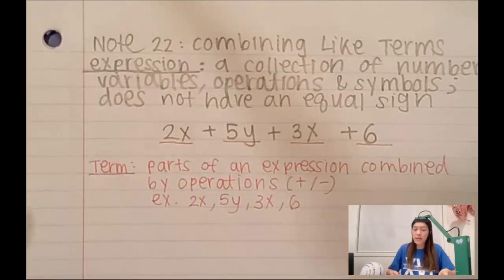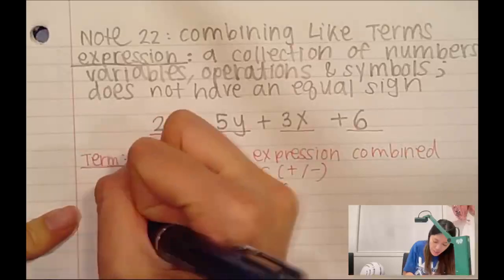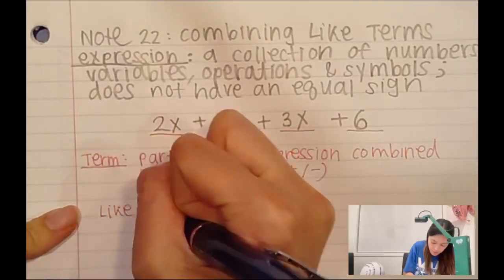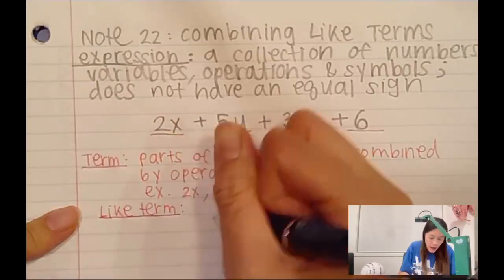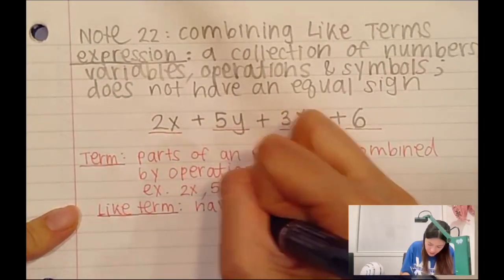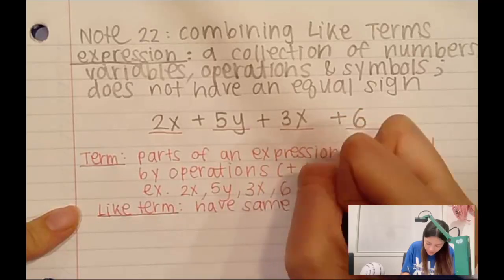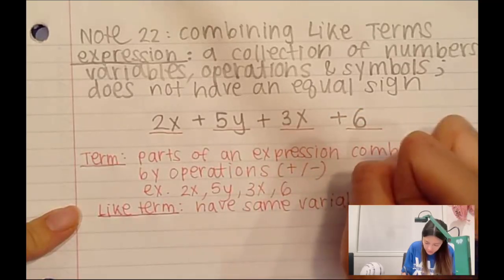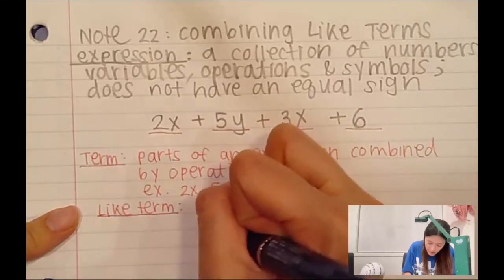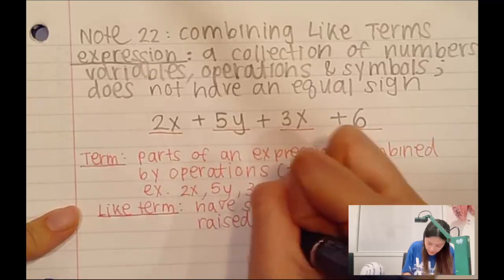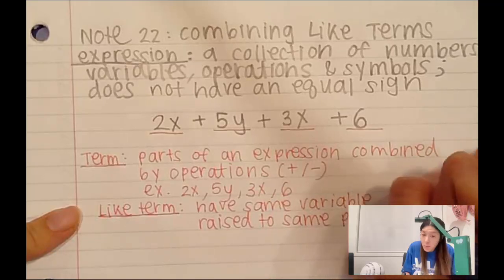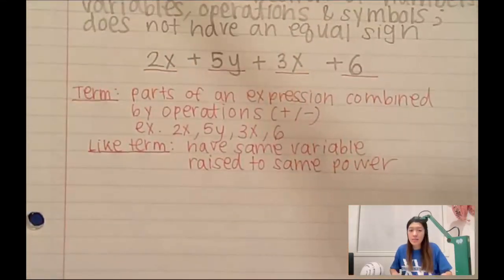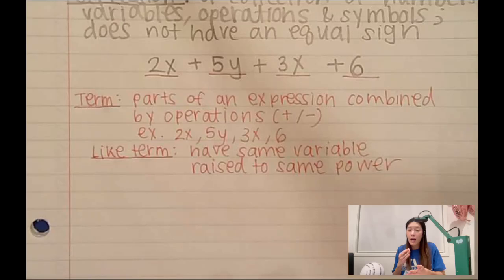Within the term phrase, we also talk about a like term. Like terms are terms that have the same variable raised to the same power. For the most part this year, we are going to see variables to a power of 1.